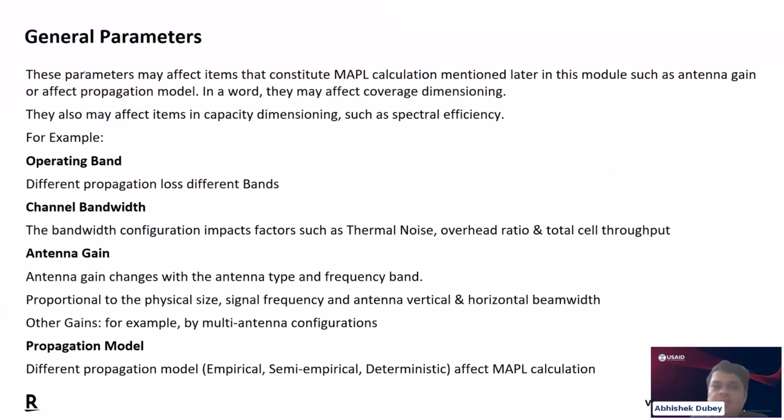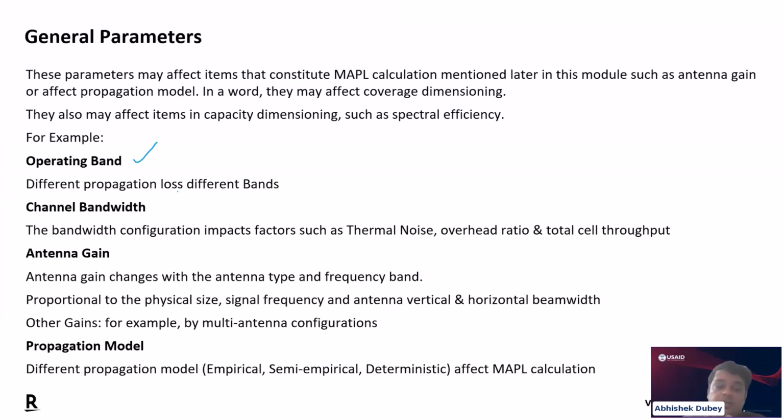Now let's see the general parameters which affect the MAPL calculation. So the main parameters are operating band, because different bands have different propagation loss. Higher operating band, higher loss.